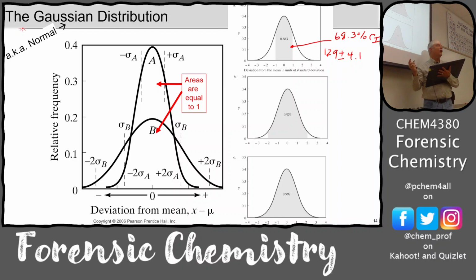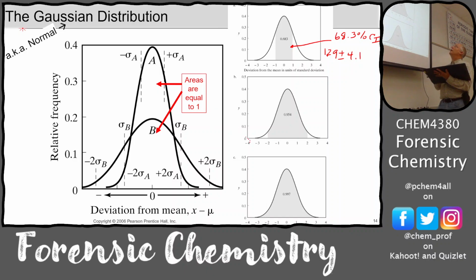It's not nothing, right? There's a 68.3% chance that the true mean is within that interval. We don't know what the true value is of that cocaine sample, but we got 3 Y measurements. We calculated the X measurements, and we're 68% confident the true value is within plus or minus 4.